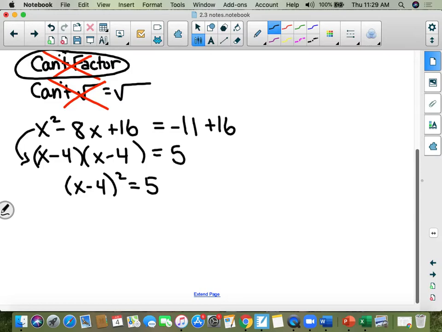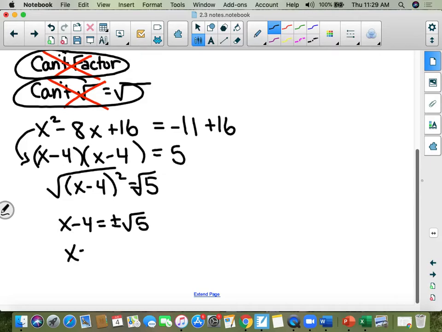Right there I factored, and I am going to square root both sides, so I am doing the first two ways, but I can't do the first two ways until I do something with the A, I do something with the B, and I do something with the C. X minus 4 is equal to plus or minus the square root of 5. So x is equal to 4 plus or minus the square root of 5. Final answer.